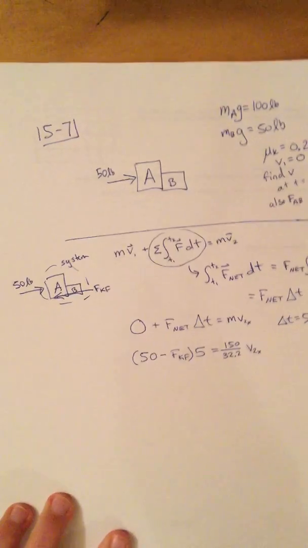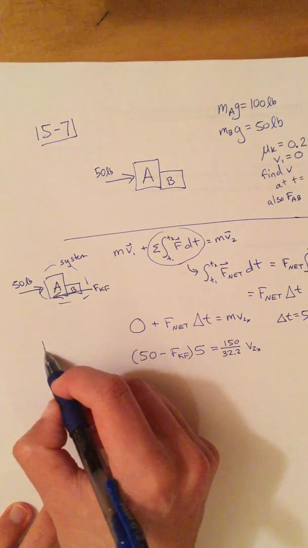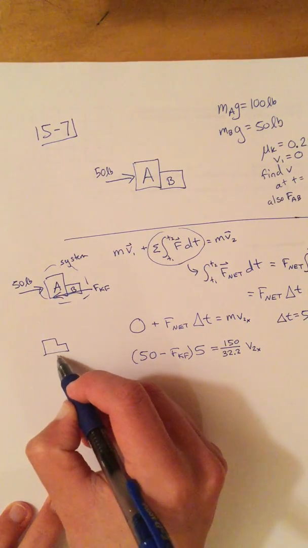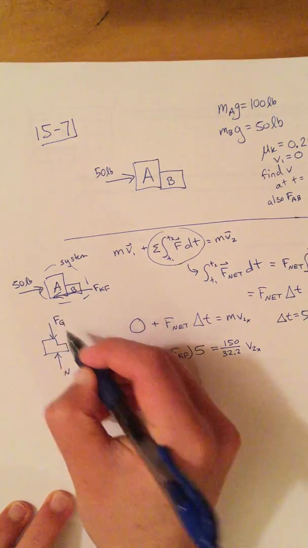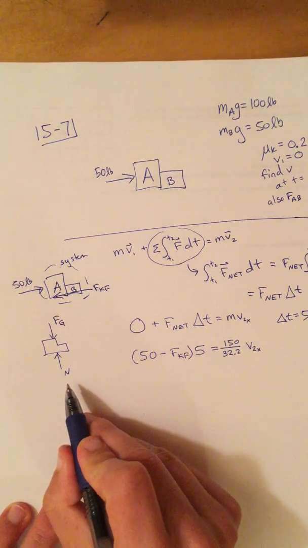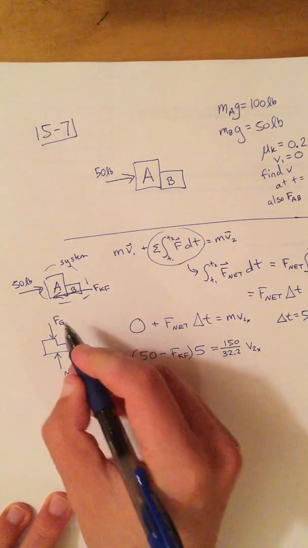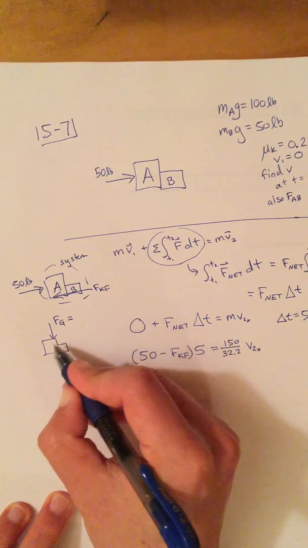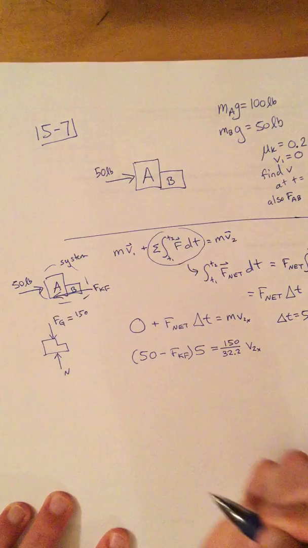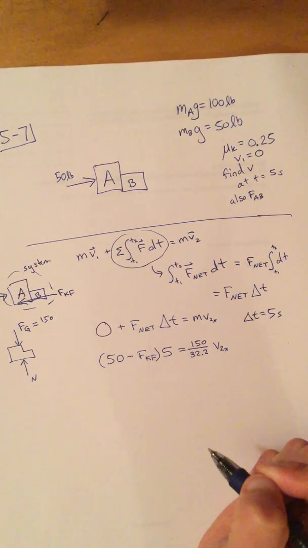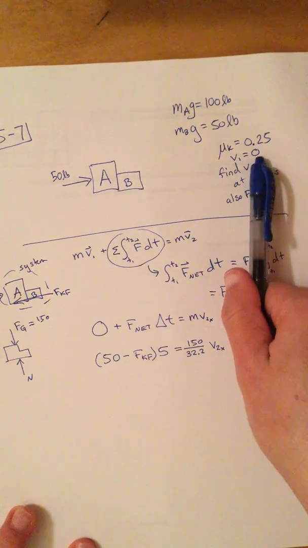If I look in the vertical direction, the only forces I have are the normal force acting upwards and the force of gravity acting downwards. So the normal force is equal to the force of gravity. This is the force of gravity for the entire system, crate A and crate B, which would be 150 pounds, times the coefficient of kinetic friction.